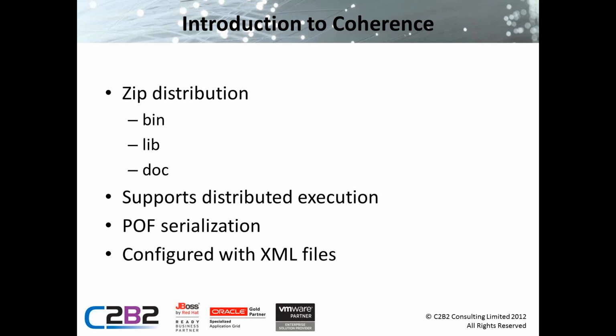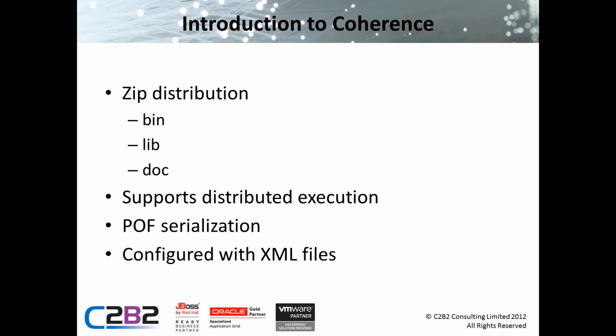Obviously, if you want to look at using it in your organization, there is cost involved with licensing from Oracle. But when you download it, you'll find it's just a zip file with 3 directories: bin, lib, and doc. Bin contains a few shell scripts and Windows command files. Lib contains all the jar files, all the things that make Coherence work, and a bit of documentation as well.